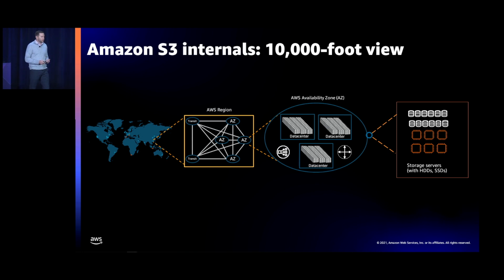And it all starts at the AWS region. AWS has this concept of a region, which is a physical location around the globe where we cluster data centers. Each logical group of data centers is what we call an availability zone. Each AWS region consists of multiple, isolated, and physically separate availability zones within a geographic area.